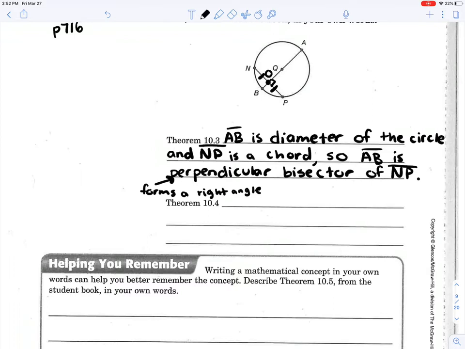Okay, so now let's go to theorem 10.4. 10.4 would start off with NO and OP being congruent.